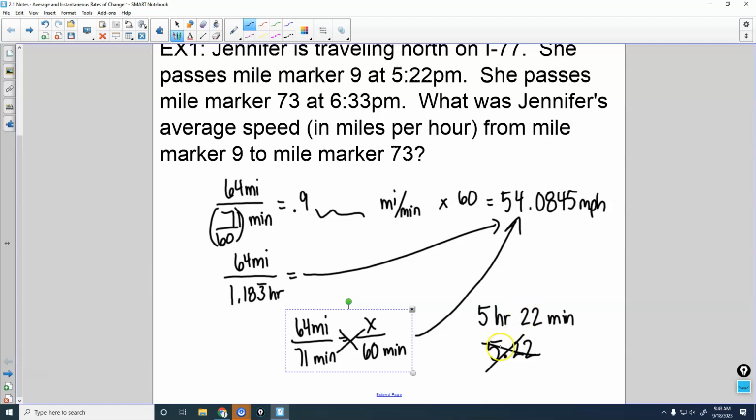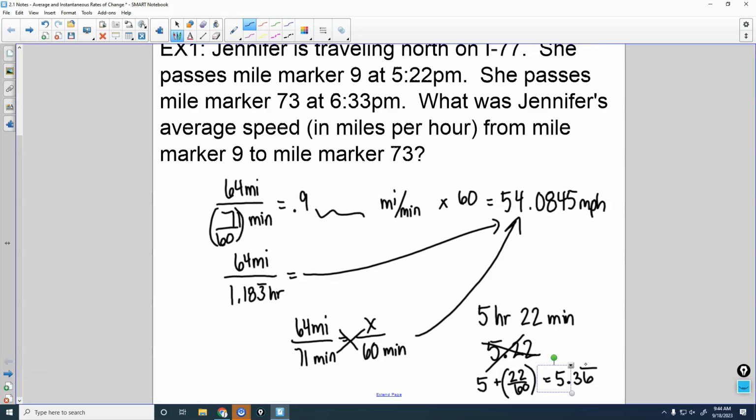So if you do change this to a decimal, you do 22 over 60, right? If you do 22 divided by 60, that's going to change that to hours. So 22 divided by 60 is 0.36 repeating. So if you were to change those to decimals, it'd be 5.36 repeating.